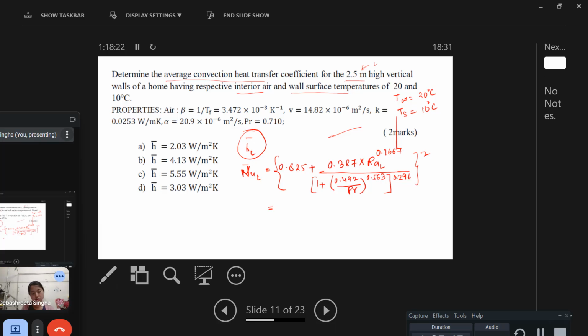So this is the Nusselt number. For that we need to calculate the Rayleigh number first.